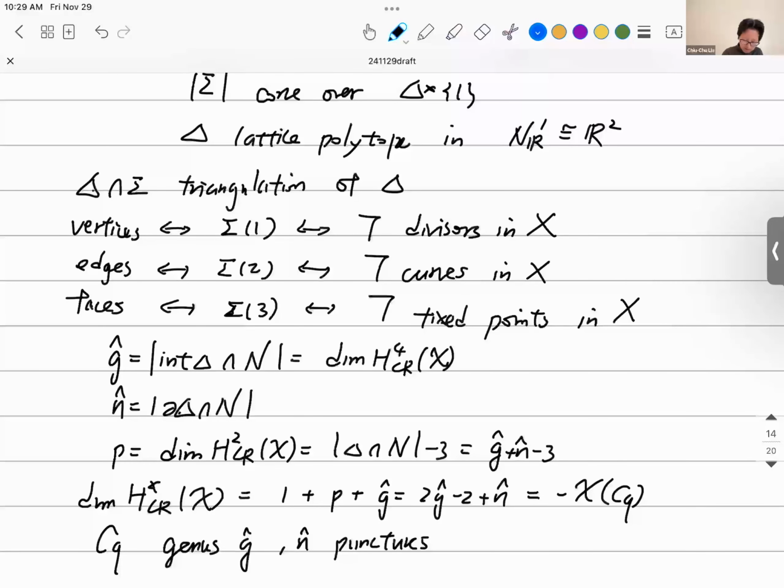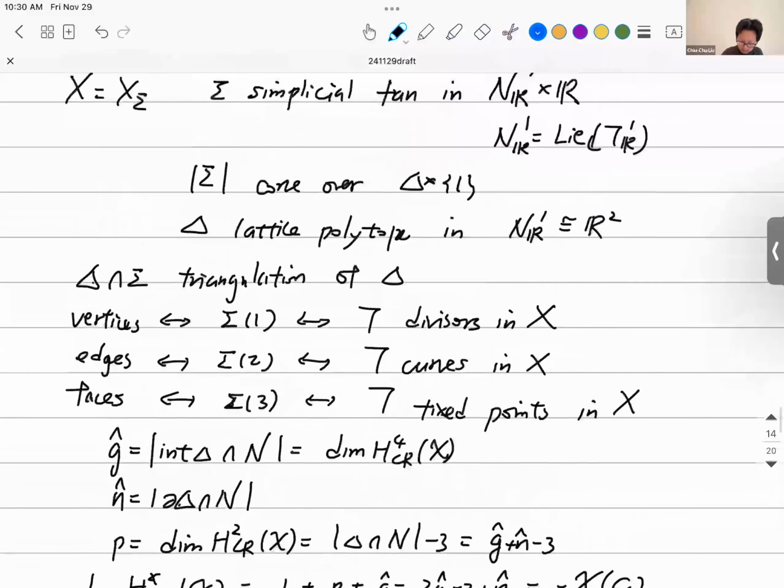Let n hat be the number of boundary lattice points. Then it turns out the second Chen-Ruan cohomology has dimension equal to the number of lattice points in the polytope, interior and boundary, minus 3. So it's G hat plus n hat minus 3.